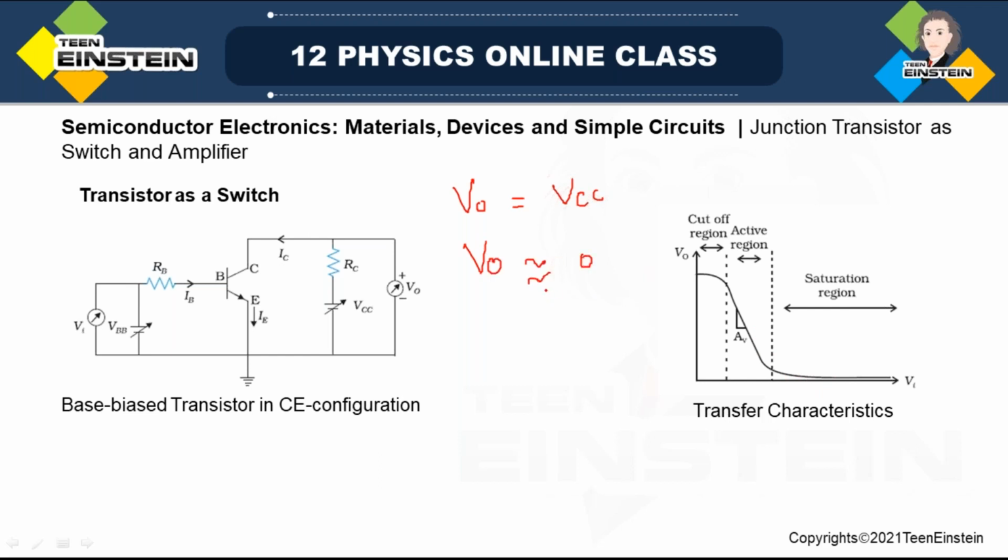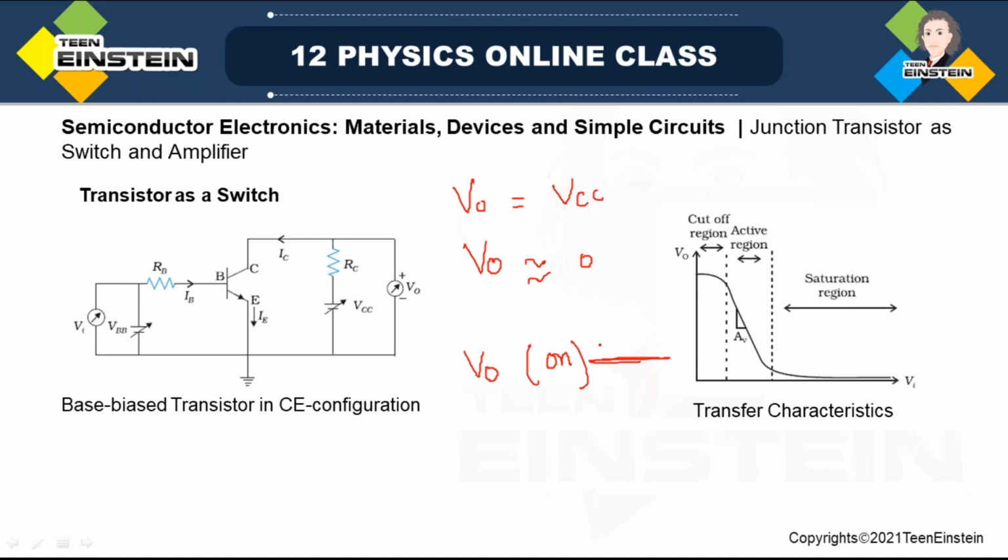So we can define the low and high state, or off and on state. Below a certain value of voltage in the cutoff region, we define that as on state, and just above a certain level in the saturation region we can use as high level.